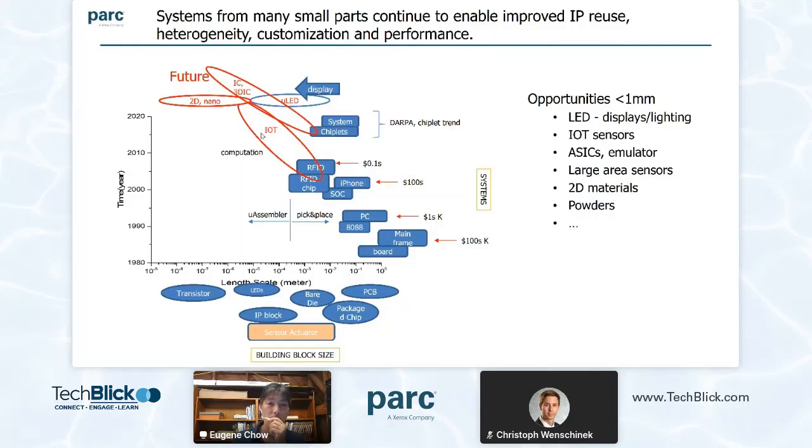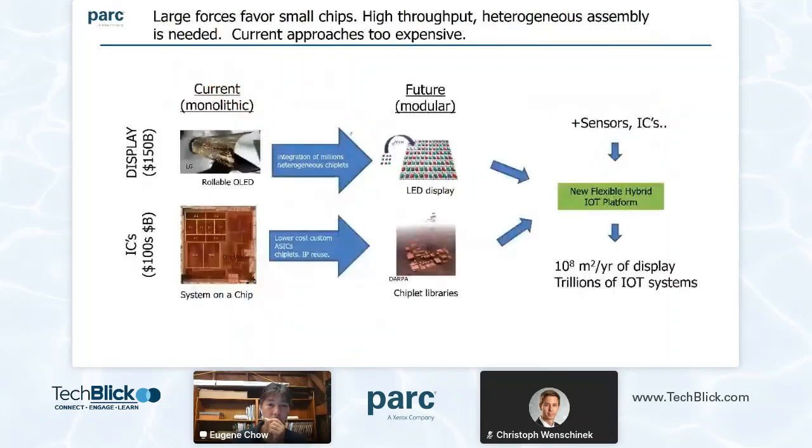And then, of course, in display and LED, which is this conference's focus, there is a nice industry driver that's really pushing a good initial application where lots and lots of these small, sub-millimeter components need to be put together. However, to do that, you need to get things together at extremely low cost, with precision, and heterogeneously.